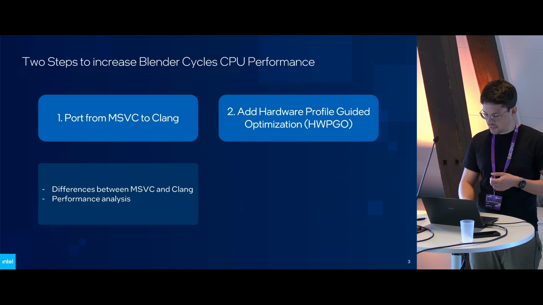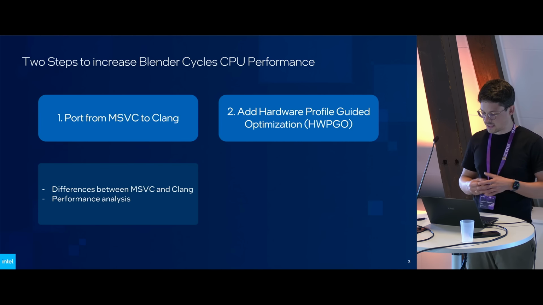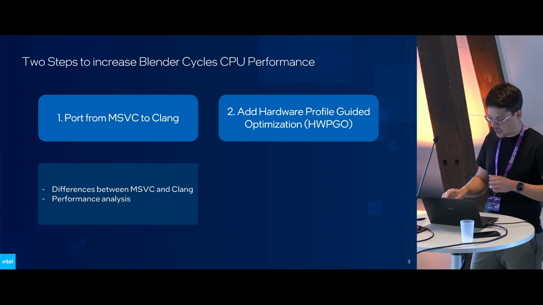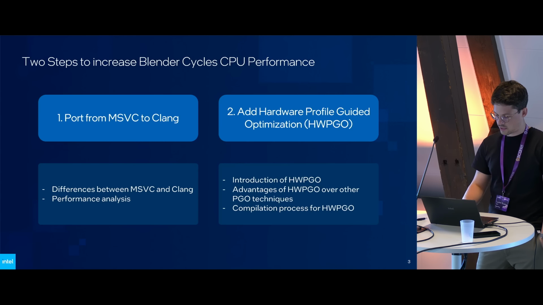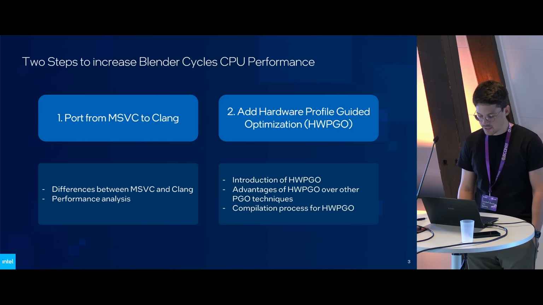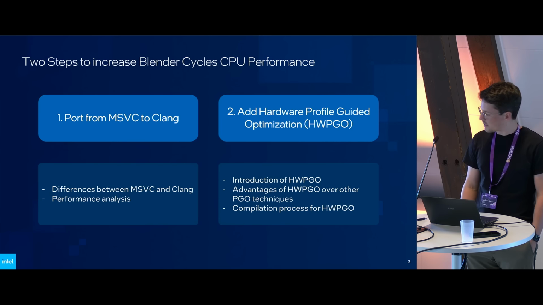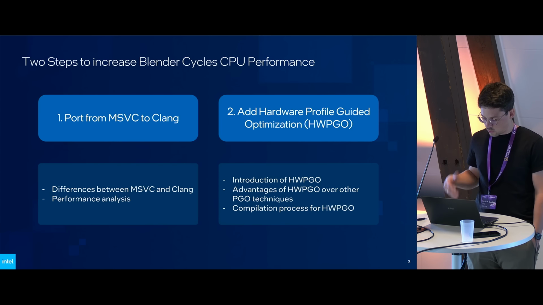The second technique that we use to get the performance gain is adding hardware profile-guided optimization, or HWPGO for short, to the compilation process. HWPGO is Intel's own flavor of profile-guided optimization, and it's designed specifically for a simple integration in build systems and very simple usage.